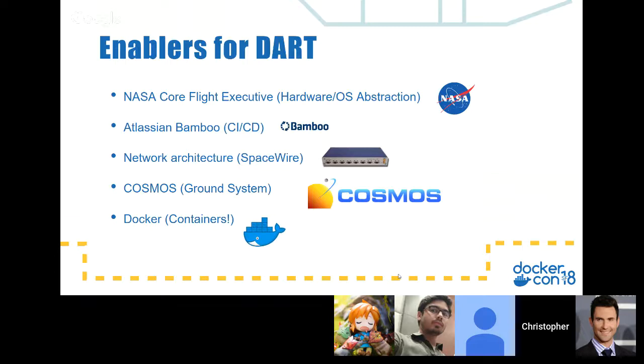And now we can have instances of ground systems where normal ground systems are multiple gigabytes and very big processing hogs. This one is very small, and so it lets us run 5 of them at a time. And then, of course, we took all of this and Dockerized it, which is why we went to Dockercon in the first place.